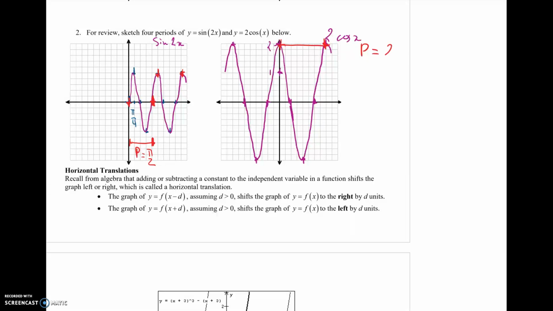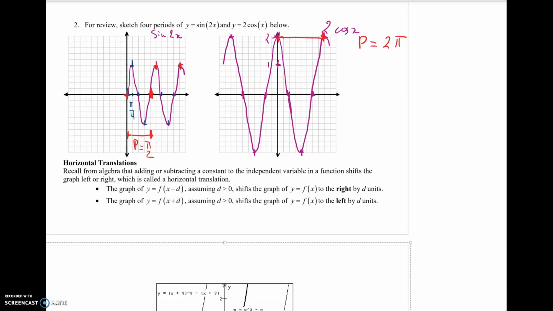When I have sin 2x, I change the period compared to sin x. Remember, the period of sin x is 2 pi. When I look at 2 cos x, I do not change the period compared with the equation y equals cos x, but I multiply the amplitude by 2. Now the amplitude is equal to 2 and not just 1 like previously.